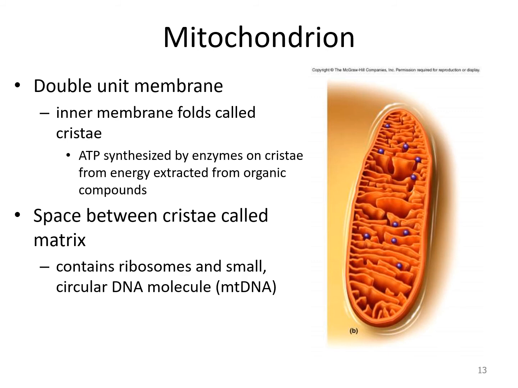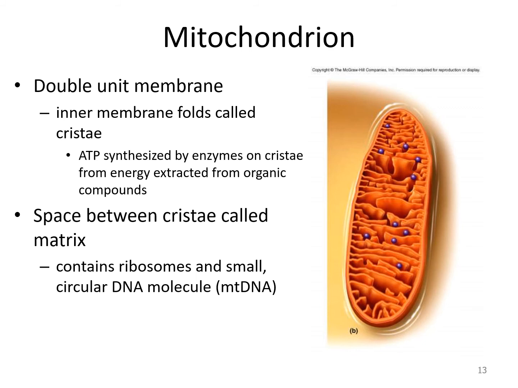So mitochondria are membranous organelles. They have a double unit membrane similar to what we see with the nuclear envelope, and the inner membrane folds are called the cristae. The ATP is going to be synthesized by enzymes on the cristae from energy extracted from organic compounds.